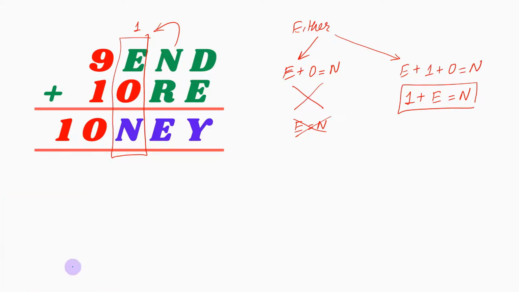And hence we get the relation between E and N, that is 1 plus E is equal to N.